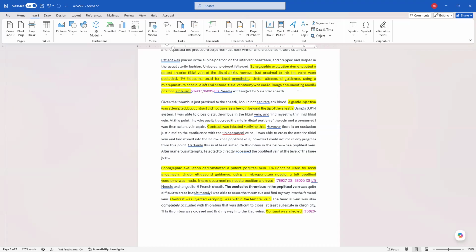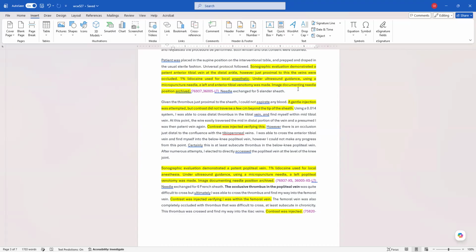So with your catheterization codes, if the physician has the puncture way down in the extremity, in this instance the anterior tibial vein, or if it was the posterior tibial vein, you don't actually change your catheterization code until you hit the IVC, which would be a 36010.